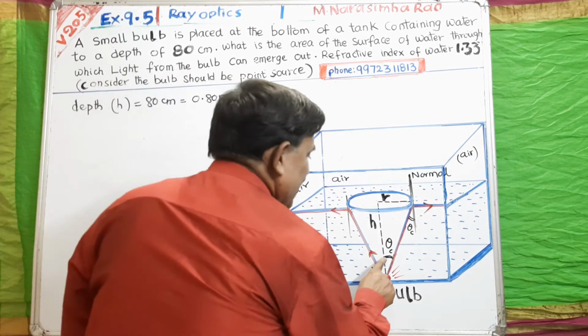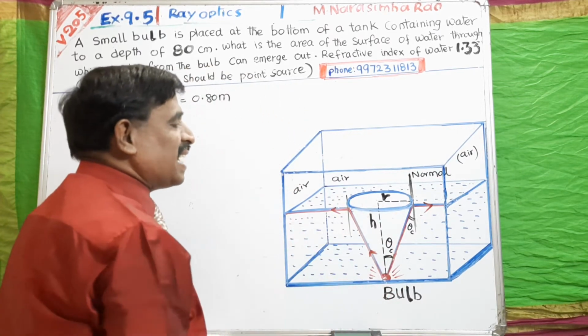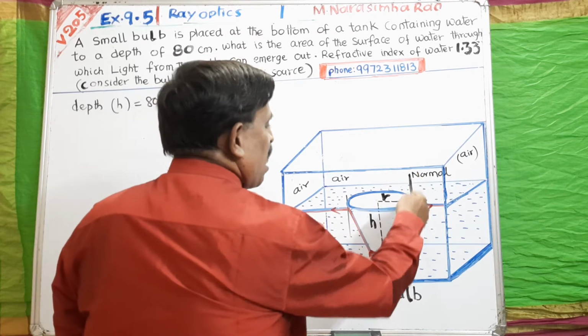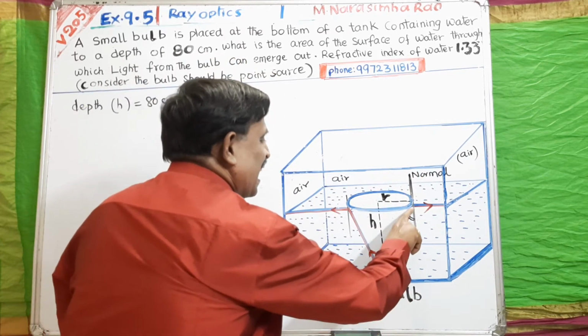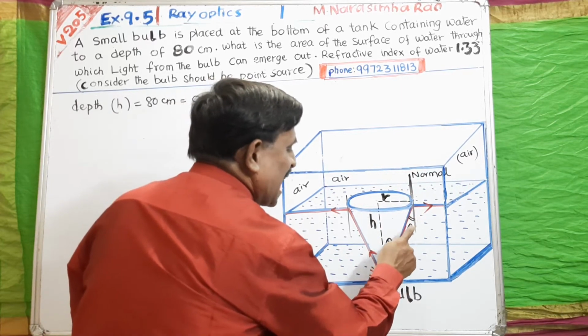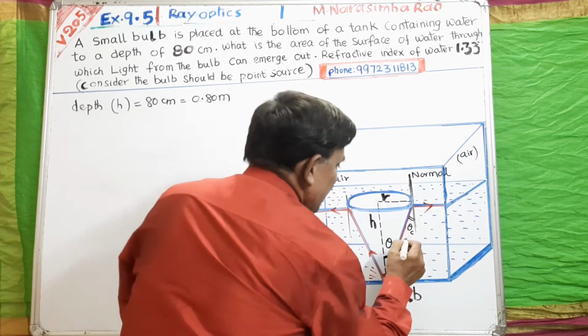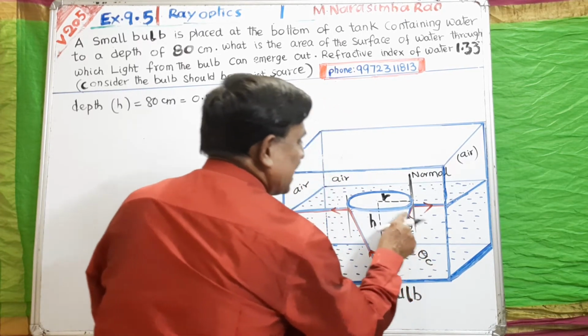Now this angle I am calling the critical angle. The reason is, if you draw one normal to this water surface, this incident light ray is making some angle with the normal. We are calling this the angle of incidence, and it is equal to the critical angle.